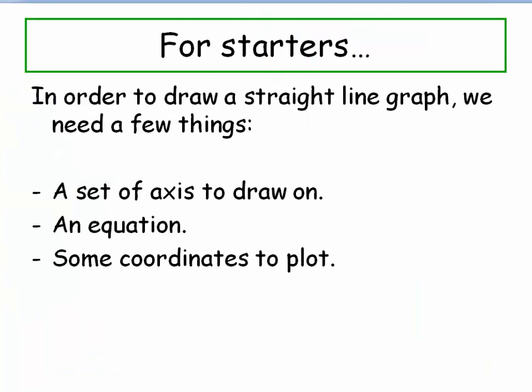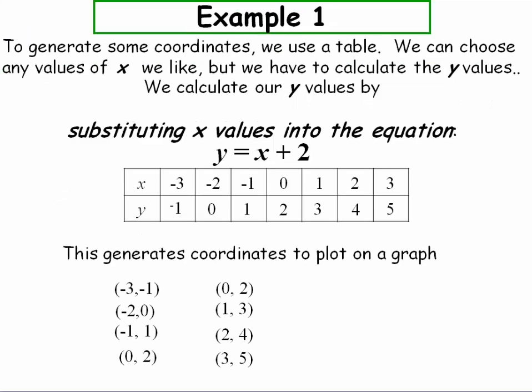In order to draw a straight line graph, we need a set of axes to draw on, an equation, and some coordinates. Usually we're given a table and an equation, y equals x plus 2 in this case.